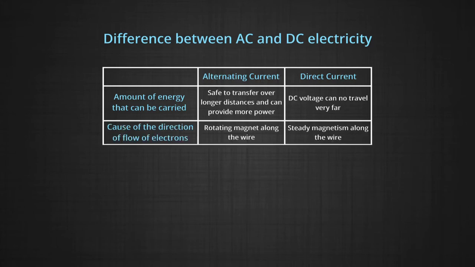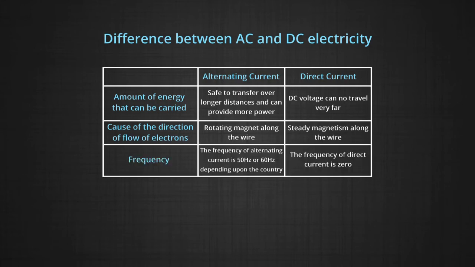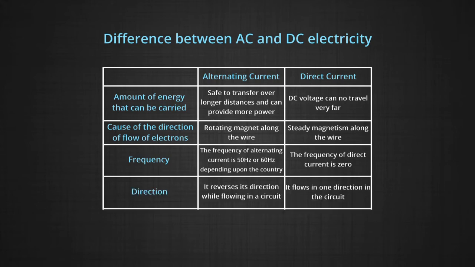Next, the flow of electrons in case of AC produces a rotating magnetic field along the wire, and in case of DC, it magnetizes along the wire. The frequency in case of AC is 50 or 60 hertz, and in case of DC, it is 0. If we talk about the direction, in case of AC, it reverses, and in case of DC, it is unidirectional.